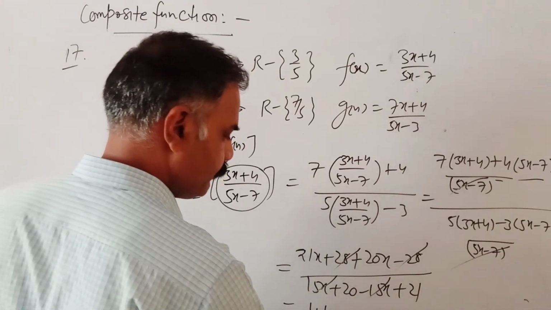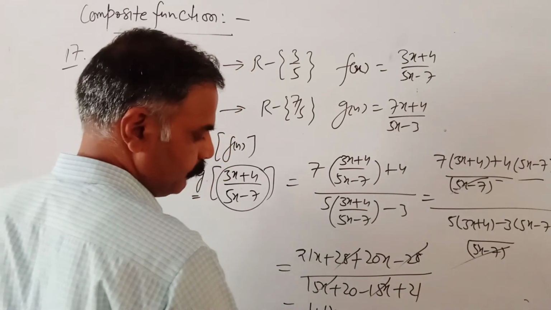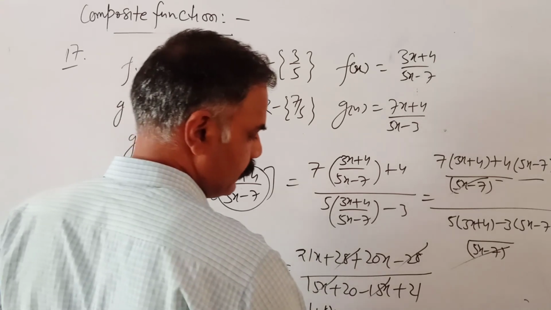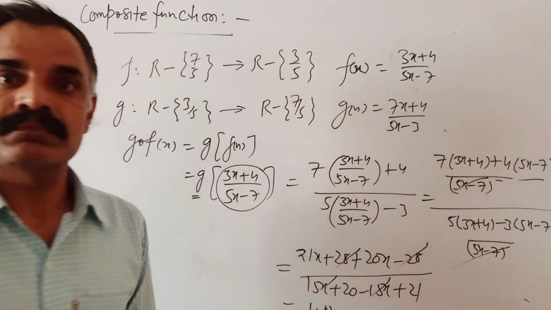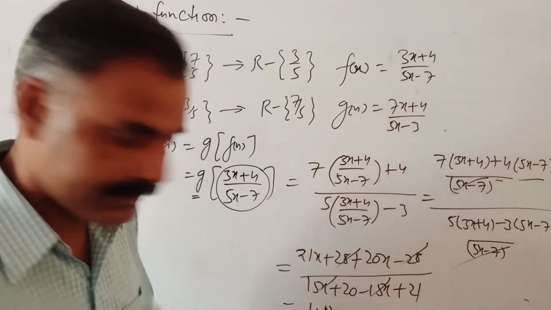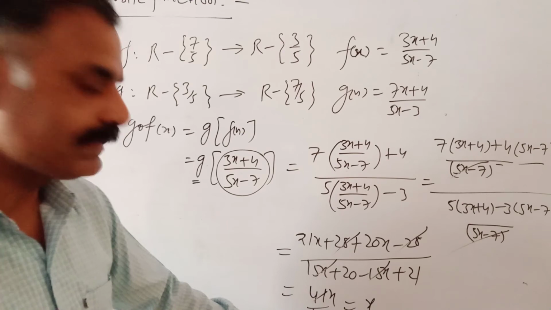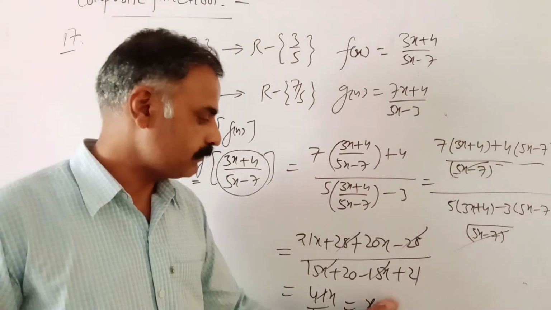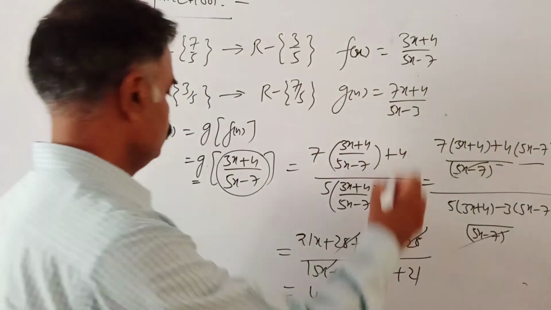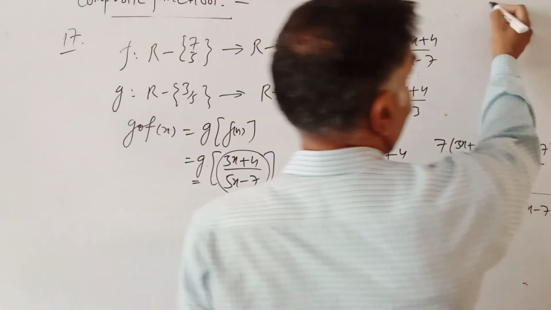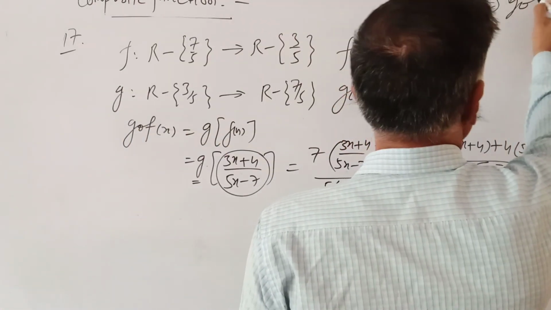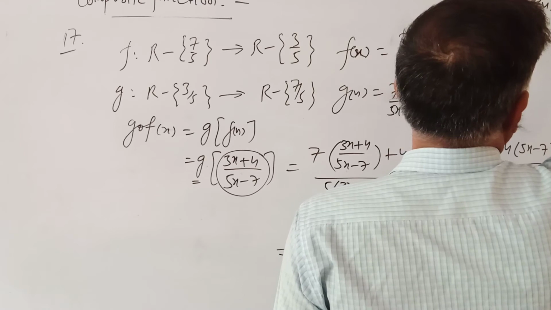So 41x upon 41, 41 cancels 41. So this is equal to x. Now we have shown that gof of x is equal to x.